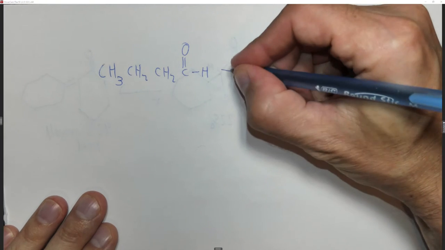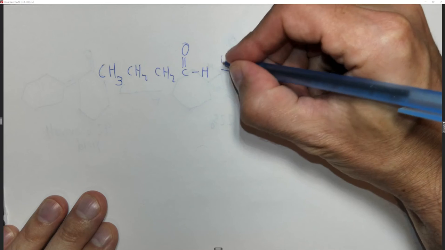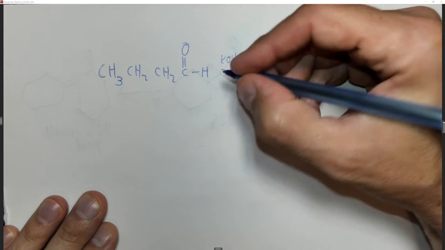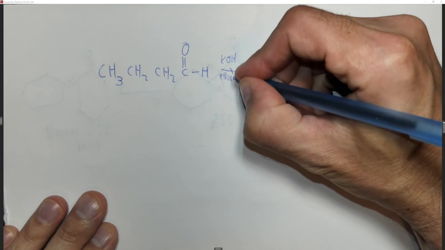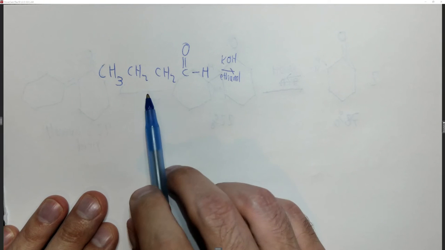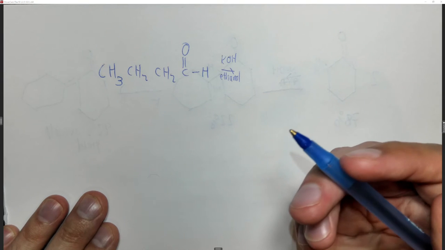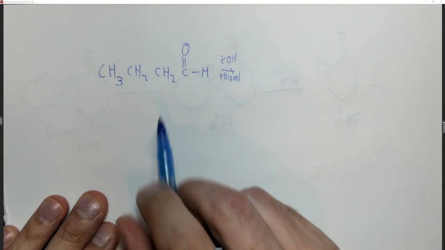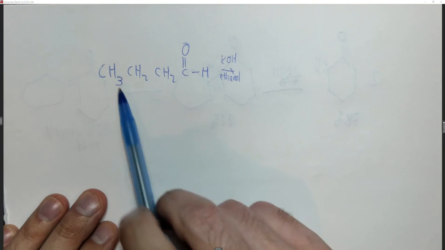All right, we're going to use a relatively weak base, in this case, in the presence of ethanol. So what we're going to do is the aldol reaction followed by the dehydration. So let's do exactly what we did before.